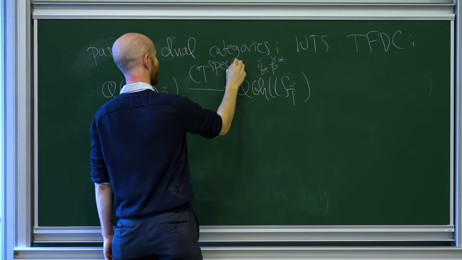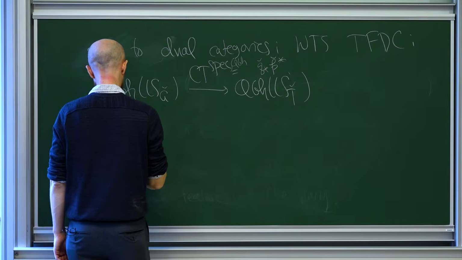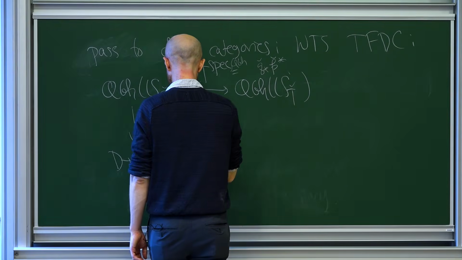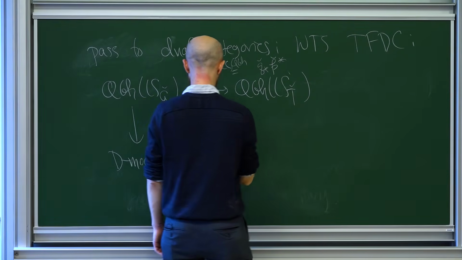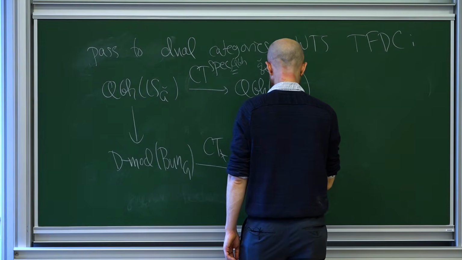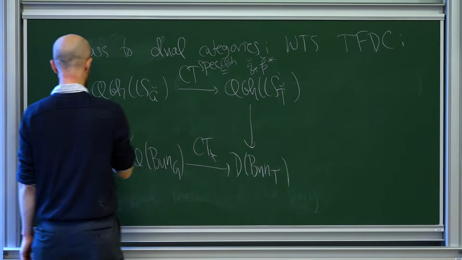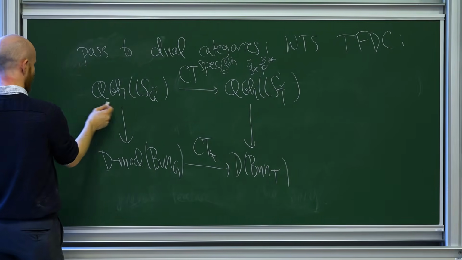So sometimes we write this. And then here, this is going down to D-modules on G. This is my constant term star. And this is D-modules on T. And so what is this functor doing?